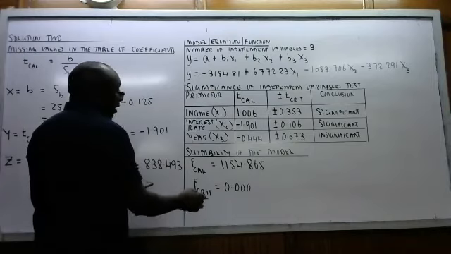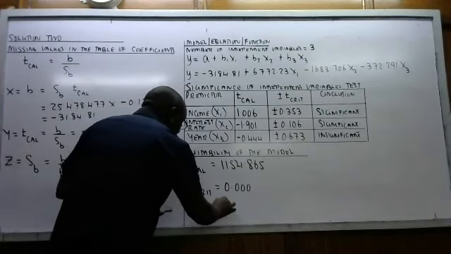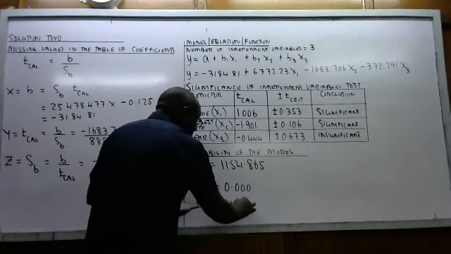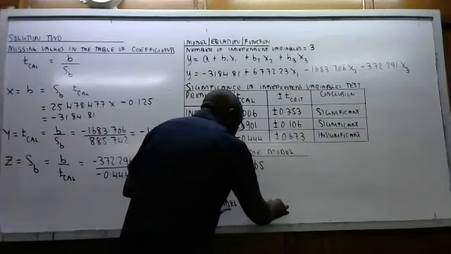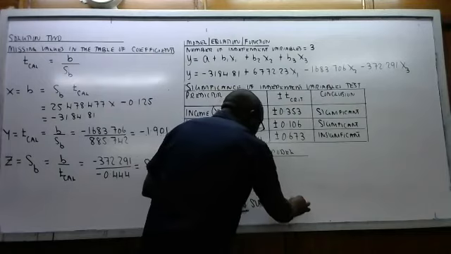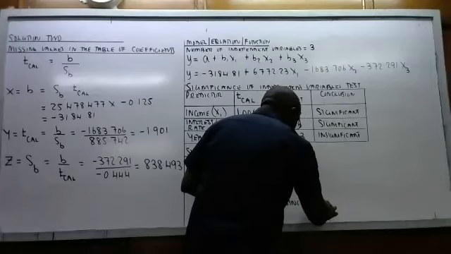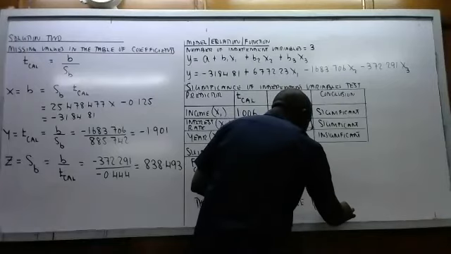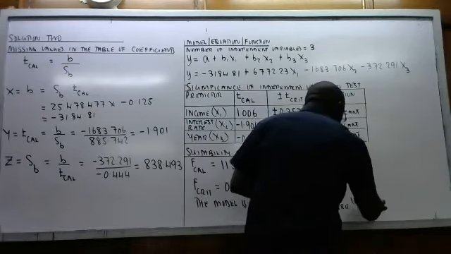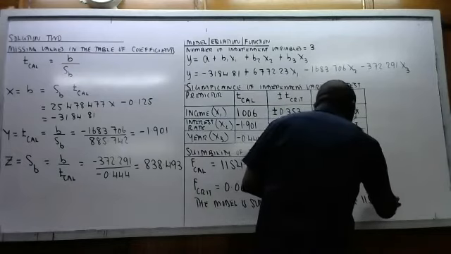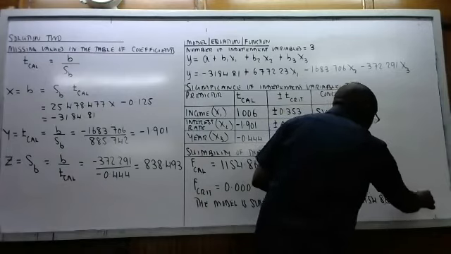So what we say, the model is suitable. The model is suitable. Ukiulizwa why, unasema since F calculated is greater than F critical. That is 1154.865 is greater than 0.000.